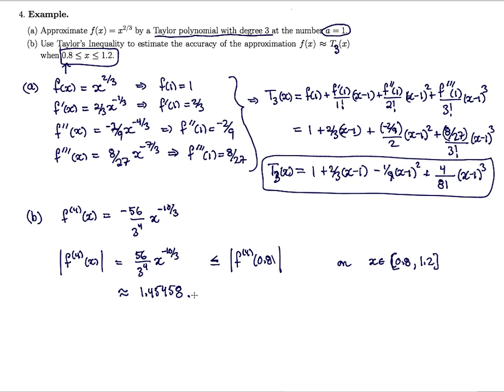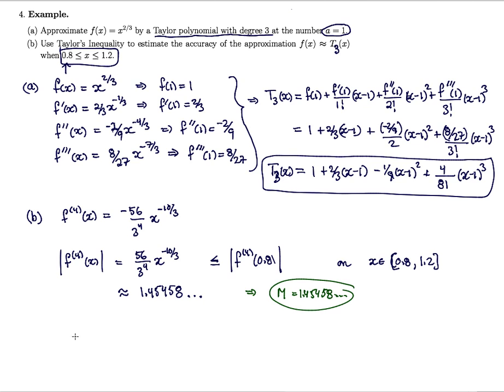You can work out some more decimal places if you want, but that's about as much as we really need. And this is going to be our M value. So M we're going to take to be 1.45458. That's the bound on our fourth derivative.